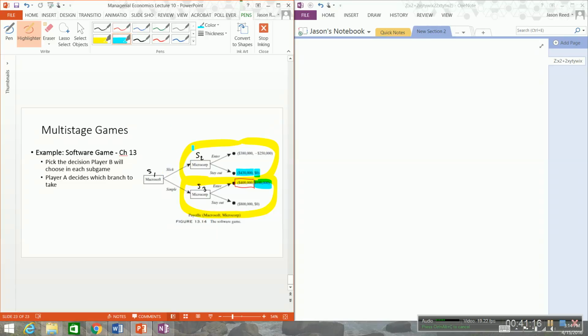The Nash equilibrium is for Macrosoft to choose Slick and Microcorp to choose Stay Out. That is our Nash equilibrium of this game, and we call it subgame perfect, meaning that it works in every subgame. And that is the most complicated type of game that we'll be introducing in class.